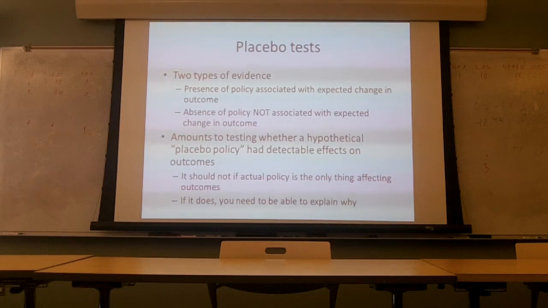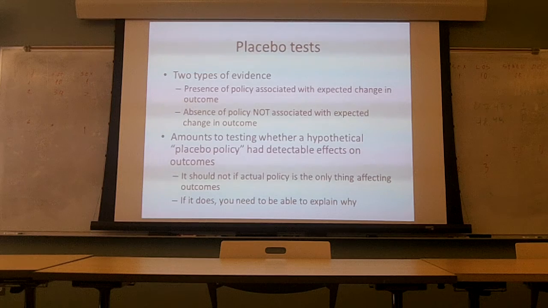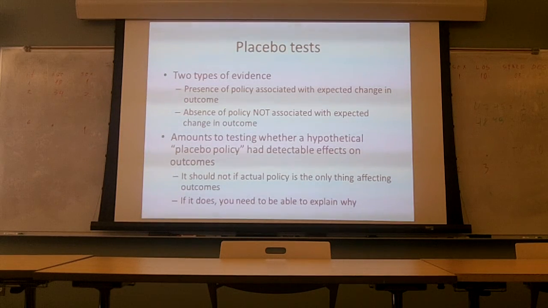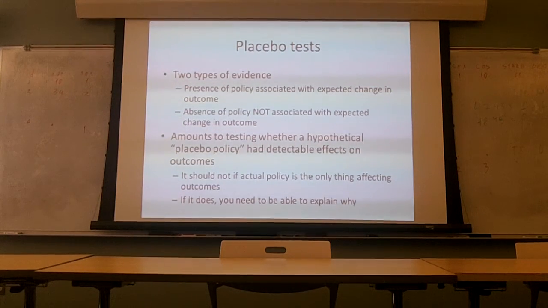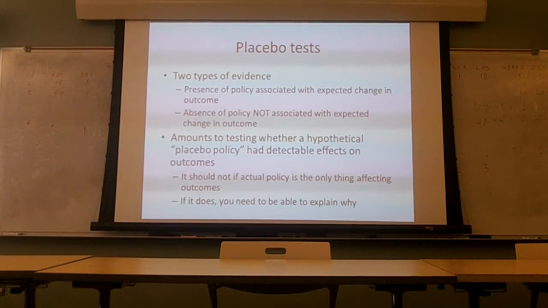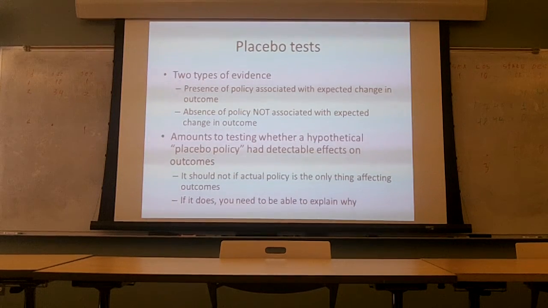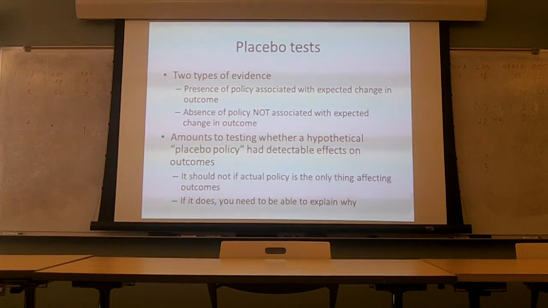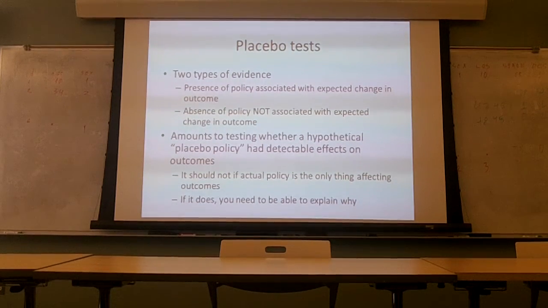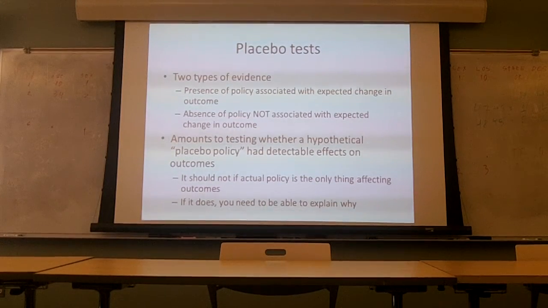And if we find an effect from this fake policy, we're less confident that our positive results showing an effect were genuine, because we could find the same kind of effect when we know by construction the placebo couldn't have made the patient better. The placebo policy couldn't have reduced gun violence because there was no policy like that.